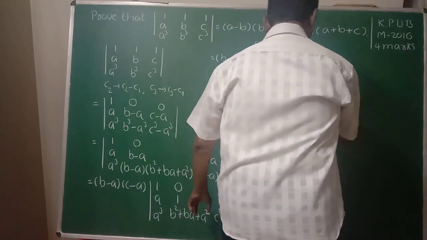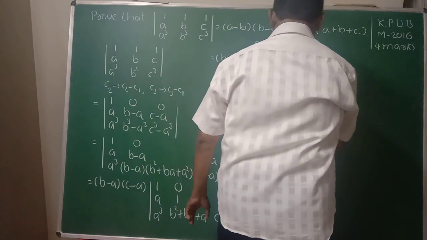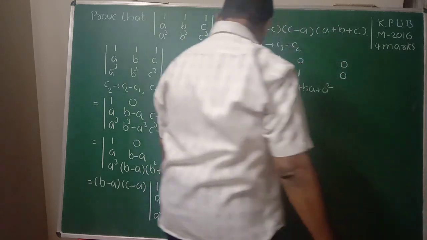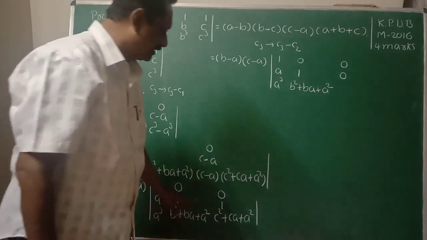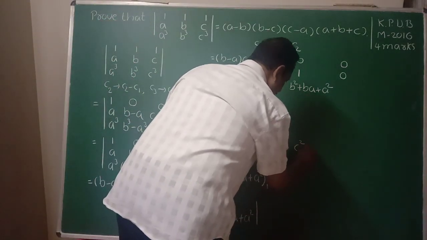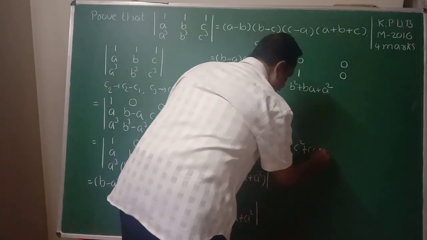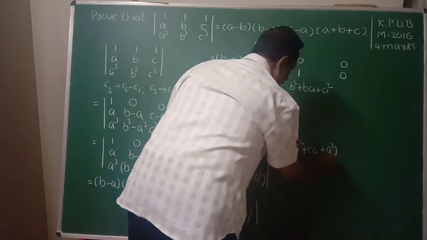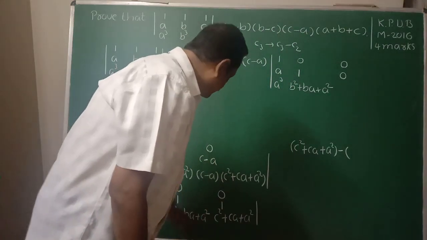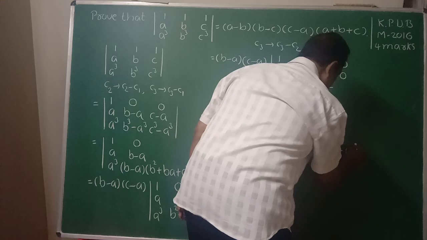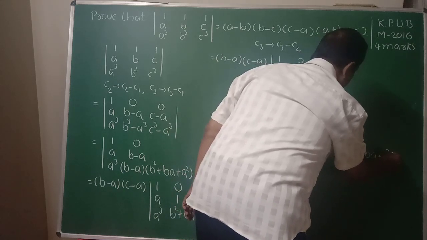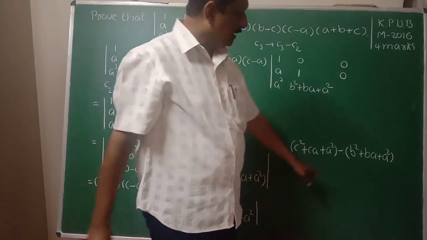Then 0 minus 0 becomes 0 here, 1 minus 1 is 0. Then this term minus this term here. So look here: c square plus ca plus a square, then minus of b square plus ba plus a square. Now take the minus inside the bracket.